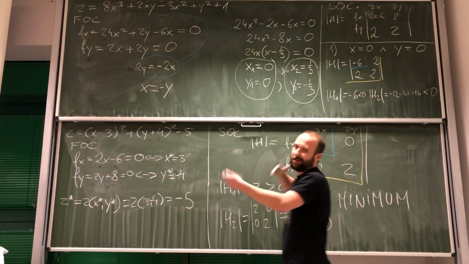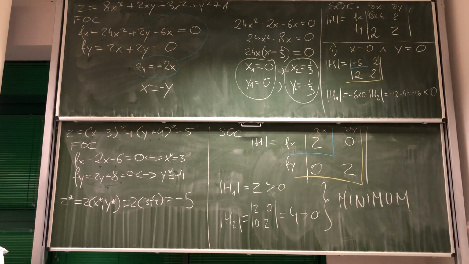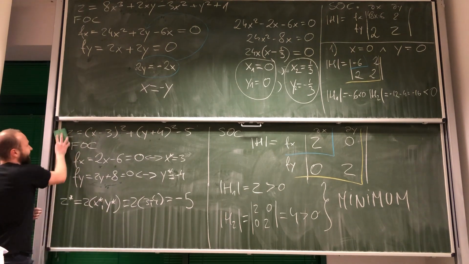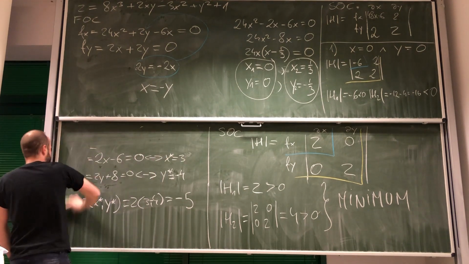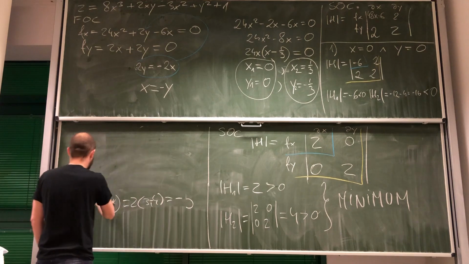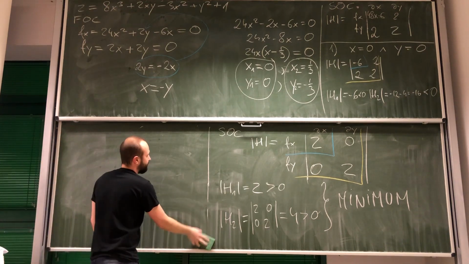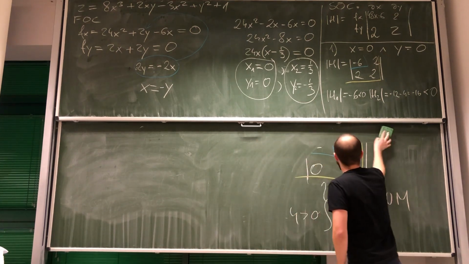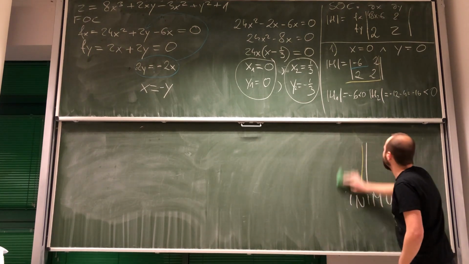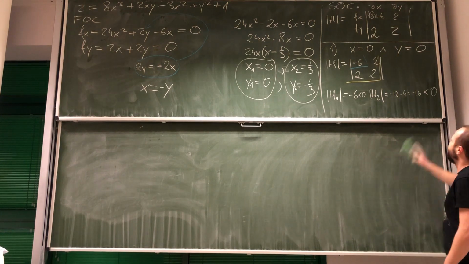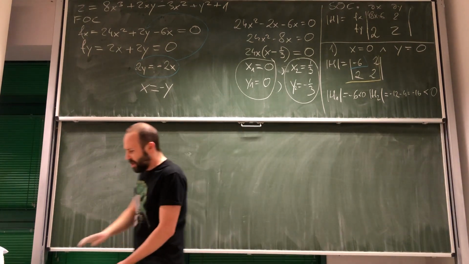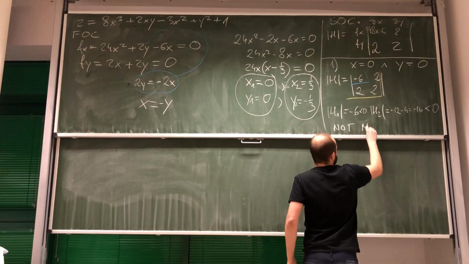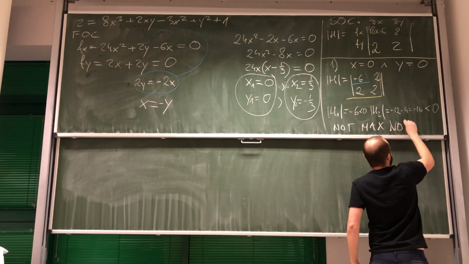Well, actually the saddle point, because in 3 dimensions it's called a saddle point. We're going to skip it, right? And we simply reject the first solution. We know that this is not a maximum nor a minimum.